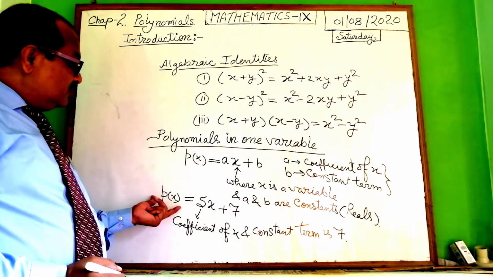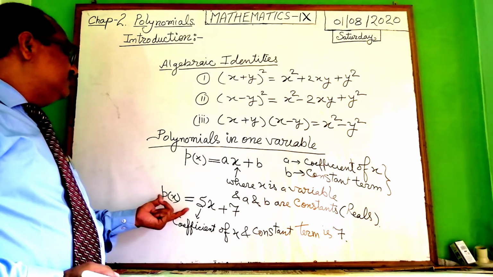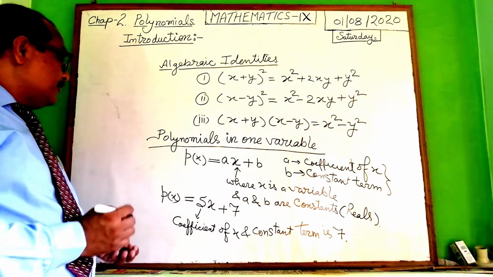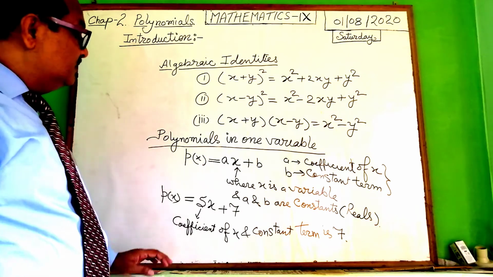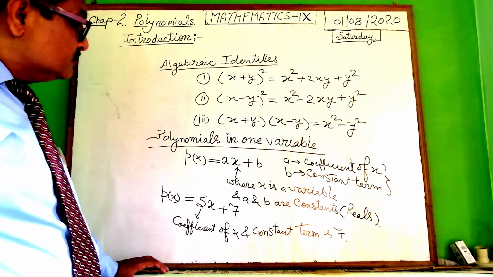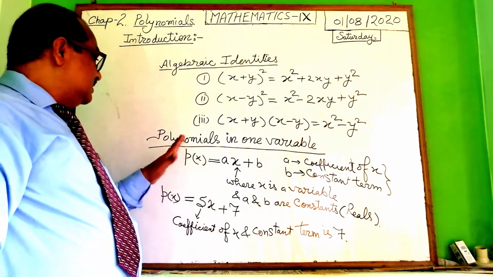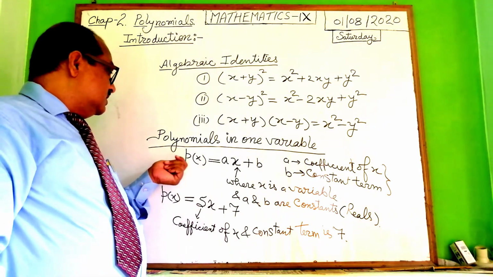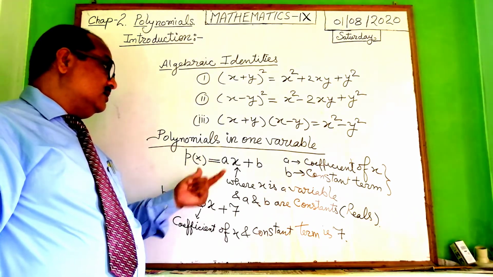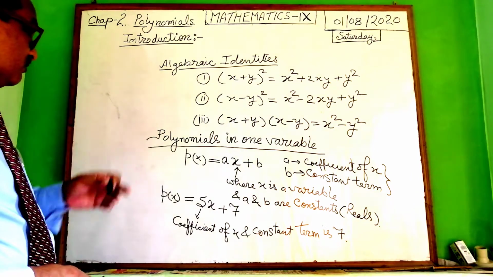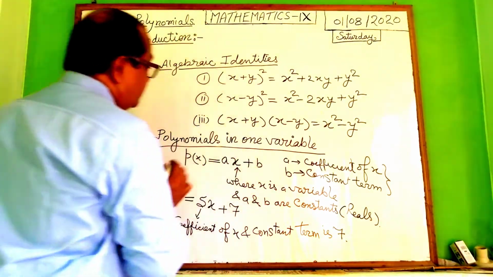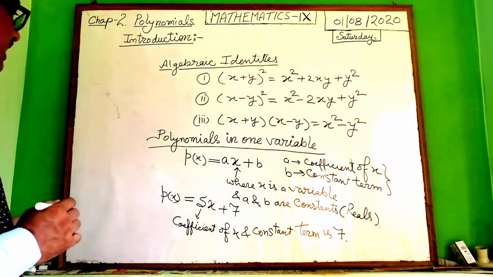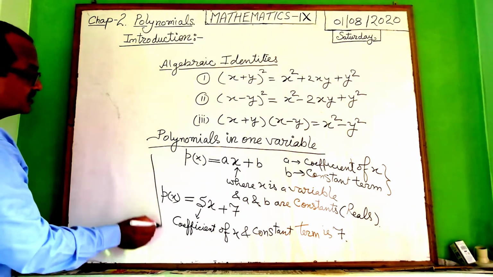So the polynomial will hold different values at different points. So students, it is clear for all. It is linear, a polynomial in one variable.